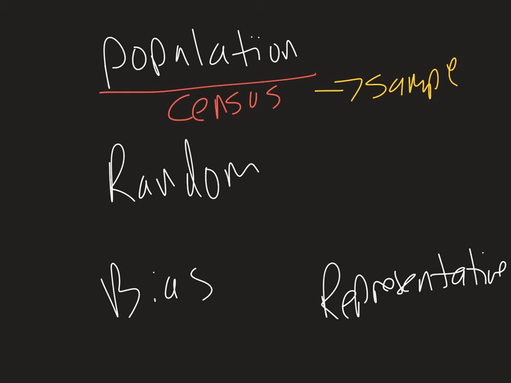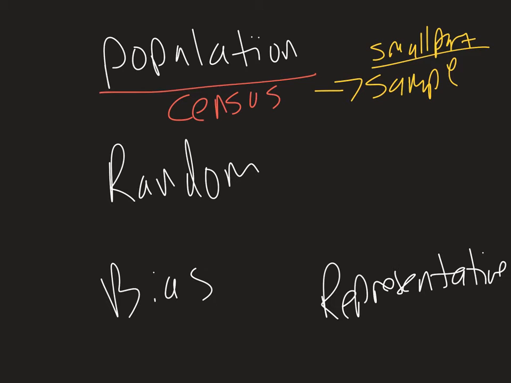I'm only sampling a small part. It'll save me time, it'll save me resources so that I can answer a question. Would 7th grade students benefit from video math teaching lessons, for example? I don't want to sample nationwide all of the 7th grade students. I just want to sample a handful.